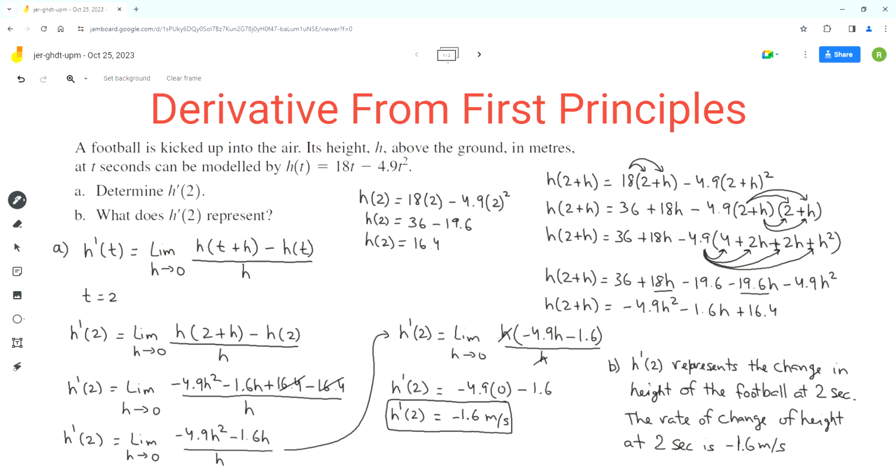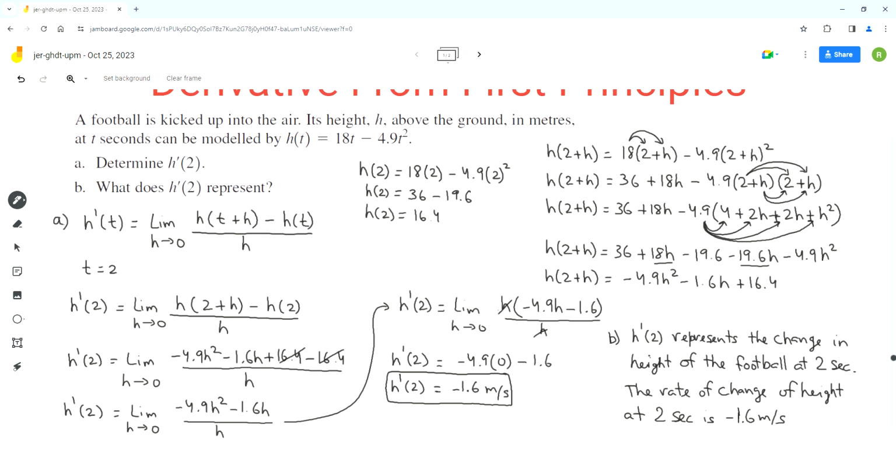So we can also add that as part of our answer. It is coming down at a rate of 1.6 meters per second. It's coming down because the answer is negative, so it's losing height.